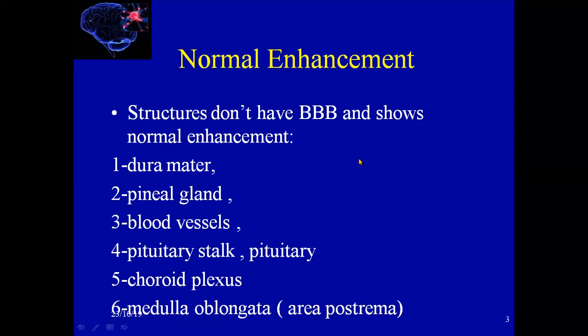So, normal enhancement, because some structures in the brain don't have the blood brain barrier, so they show normal enhancement. We have the dura mater and pineal gland, blood vessels, pituitary stalk and pituitary, and also choroid plexus, medulla oblongata, the area postrema.